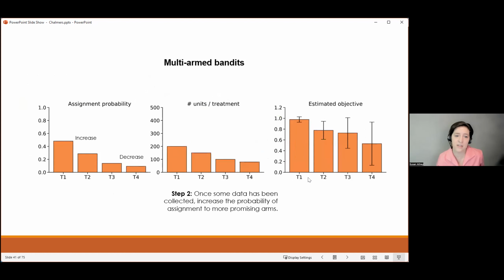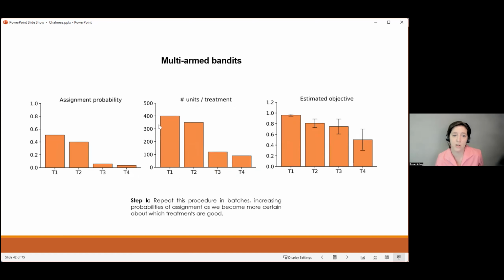But what a bandit does is, as we go along, the arms that are doing the best get more units assigned to them. This is going to help optimize the exploration trade-off. And it's also going to make the people in the experiment better off, because we're going to assign more people to the best performing treatment. By the end of the experiment, most of the people are getting assigned to the best treatment.